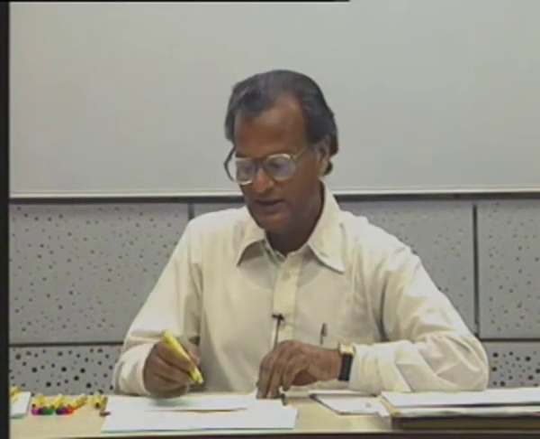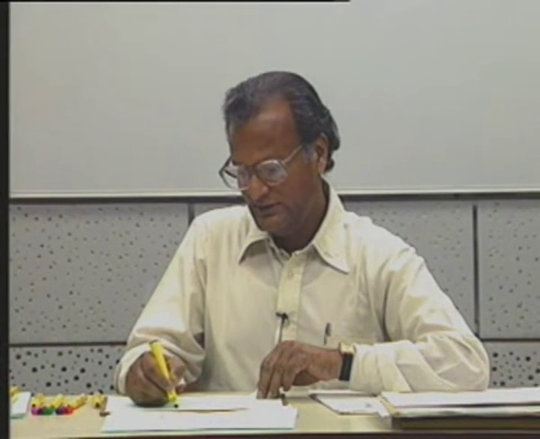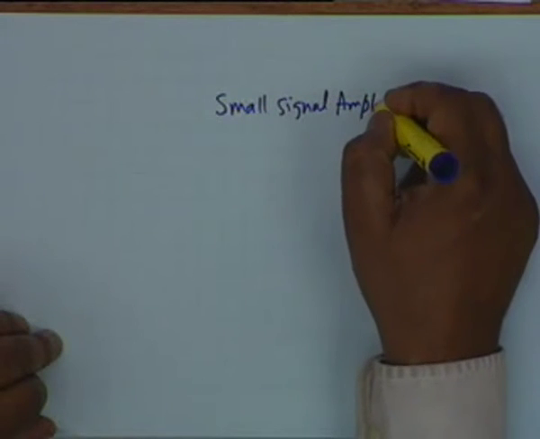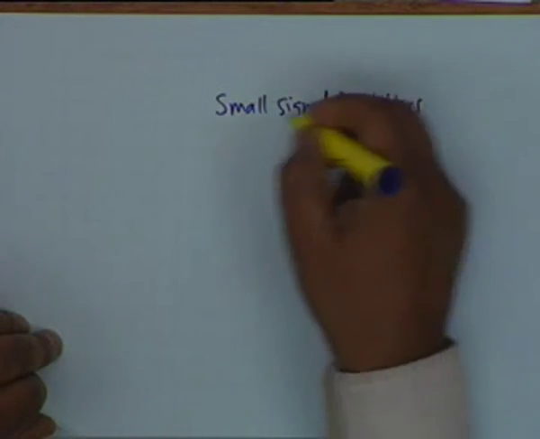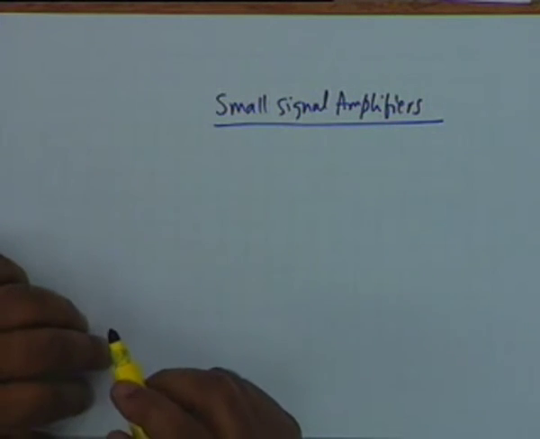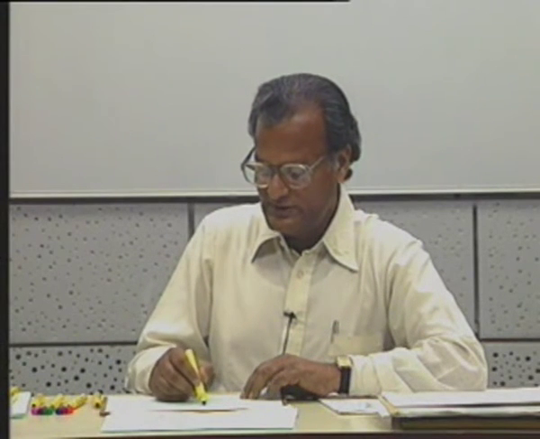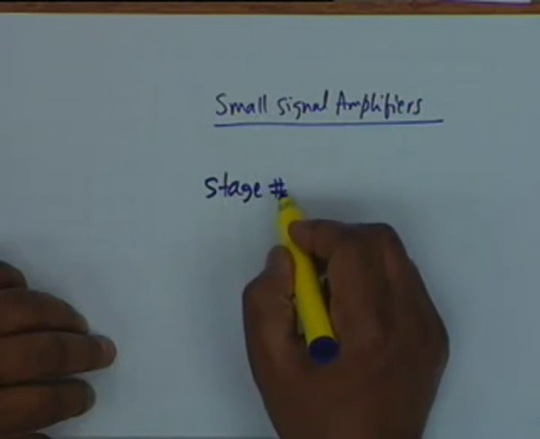This is the model that we are now going to utilize to analyze small signal amplifiers, and we shall introduce a couple of terms in this connection and then leave it for tomorrow's class. A small signal amplifier usually is classified according to the coupling that one makes from one stage to another.